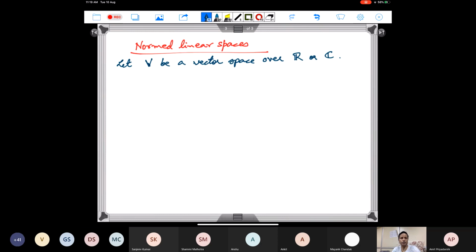In linear algebra, you might have studied that a vector space can be defined over any general field F, but here we will always consider that the field is R or C.